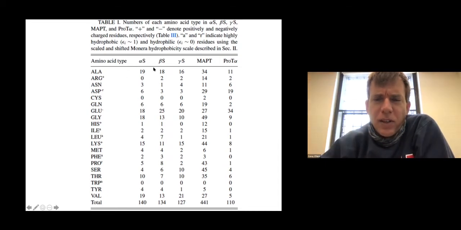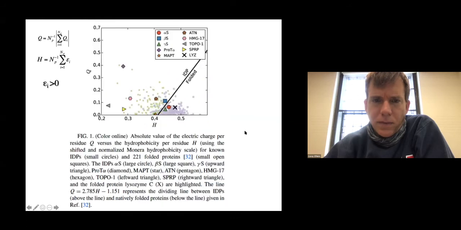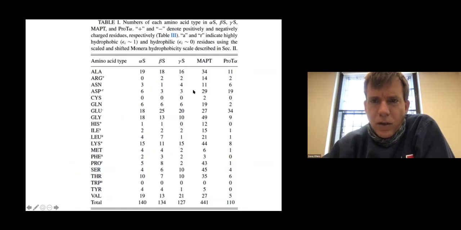So we just talked about some of these proteins in the previous slide. I just wanted to formally give you their amino acid compositions and give you their sizes. So MAPT, I'm going to sometimes call tau.